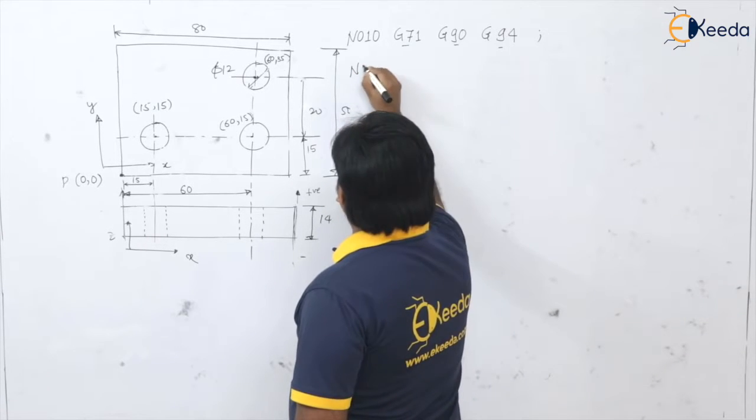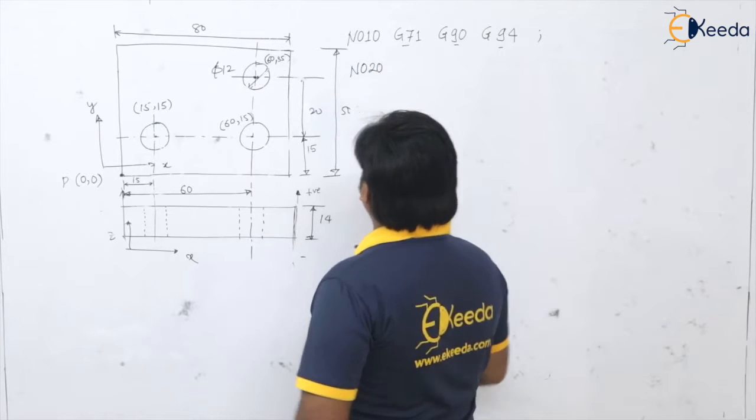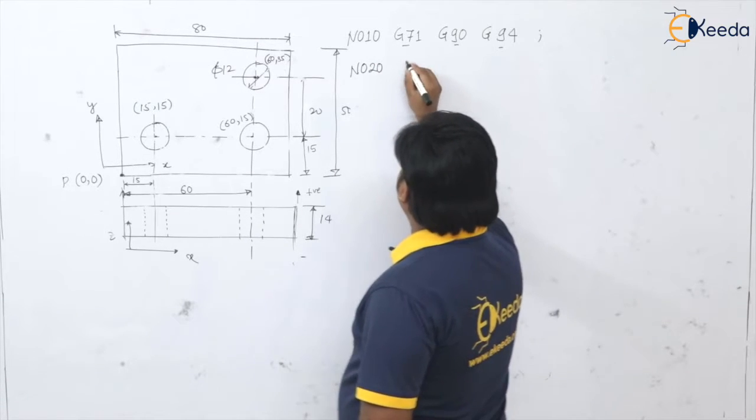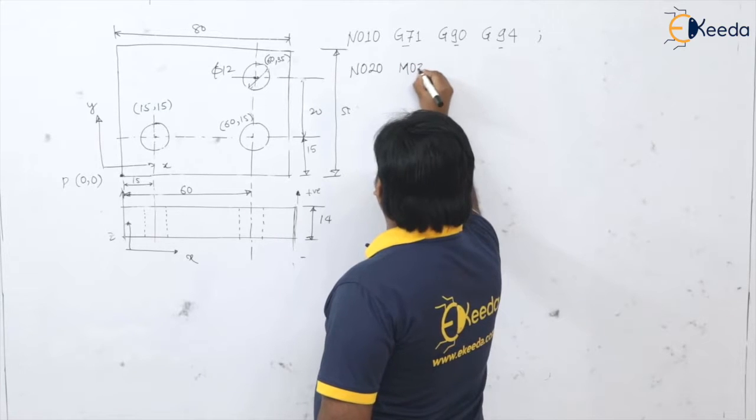Next sequence, N020, the second block I am going to write. This is for M03.